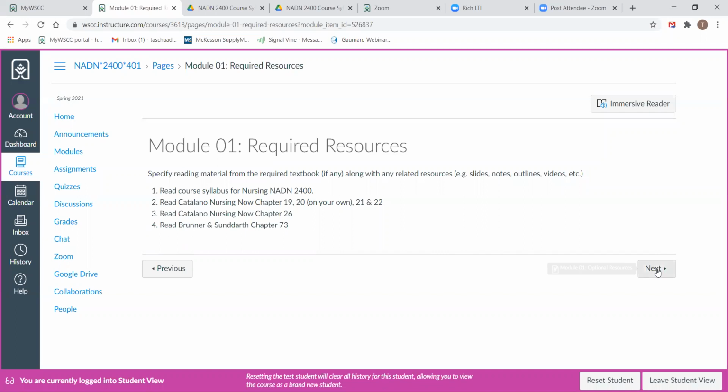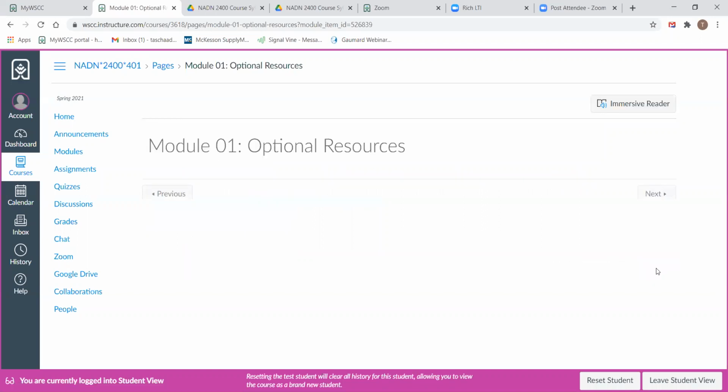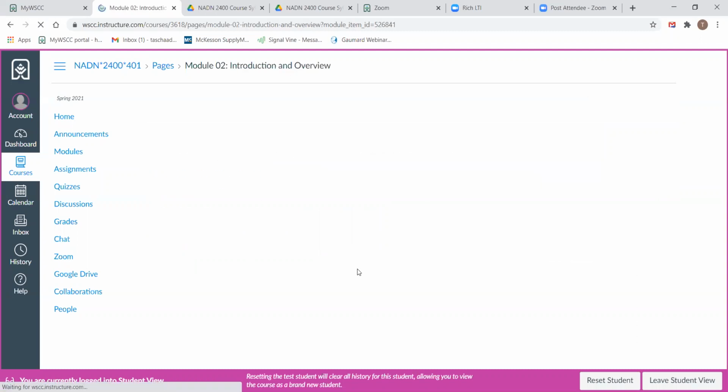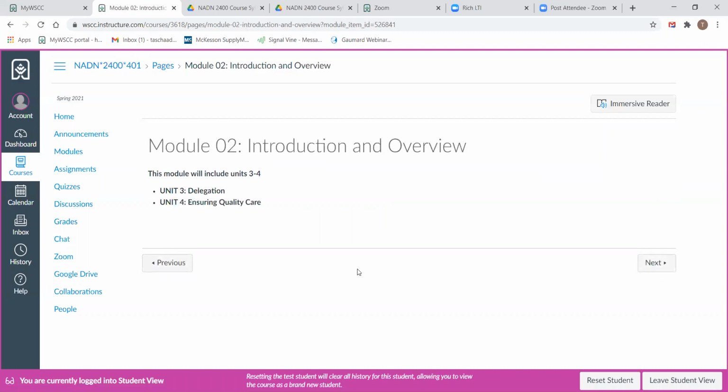Okay. And then these are optional resources. So if I find anything that's interesting that might help to enhance your learning, I will put it in this place. And then we'll move on to module 2. So it continues with all the 4 modules, and the content is broken up accordingly.